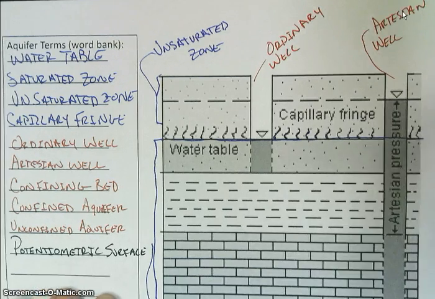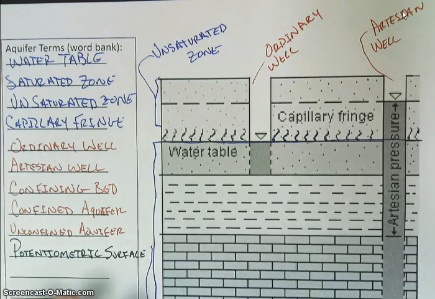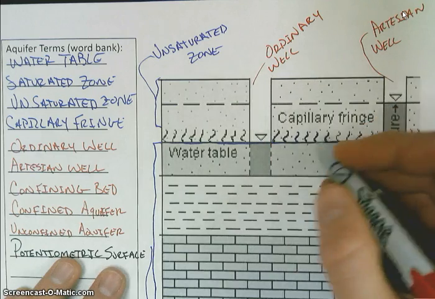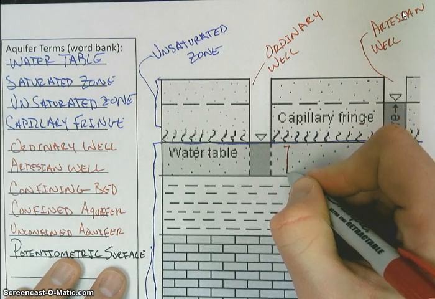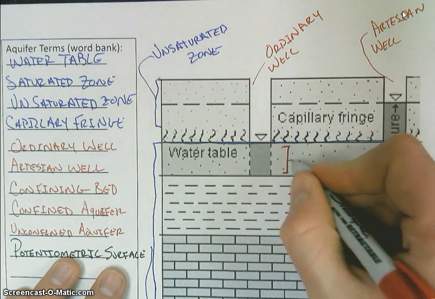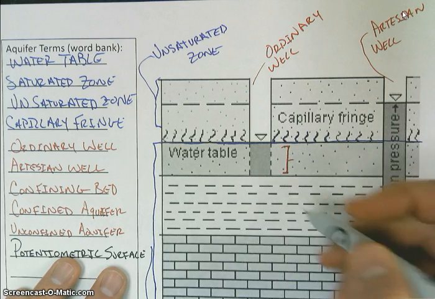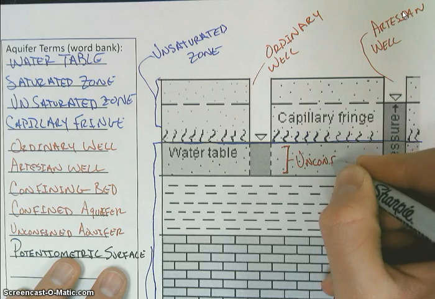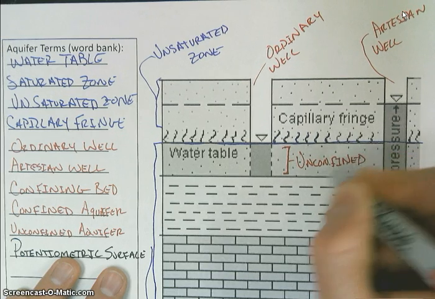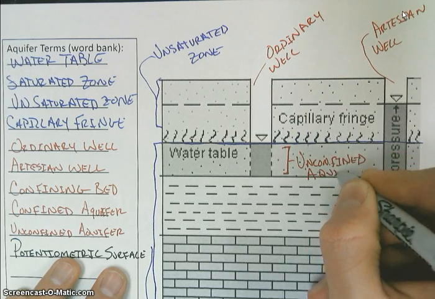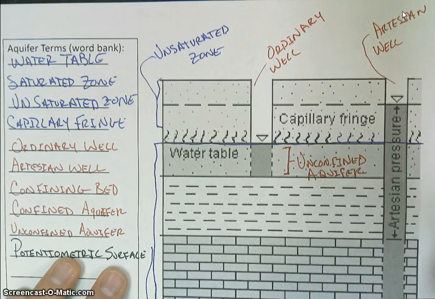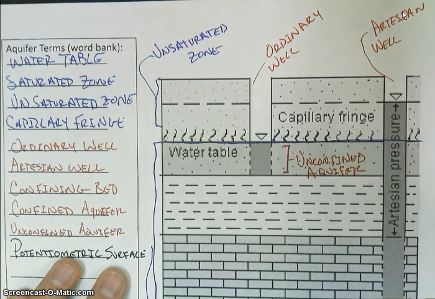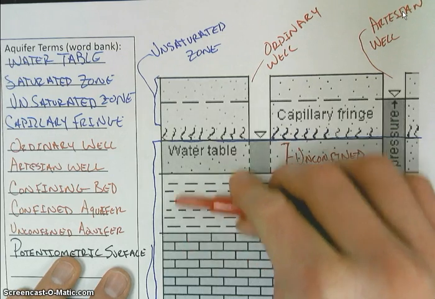Now, by the way, talking about these two types of wells, the ordinary well is associated with an aquifer that is unconfined, which would be this here. Again, here's our confining layer. Here's our unconfined aquifer. This unconfined aquifer is held up by this confining bed.